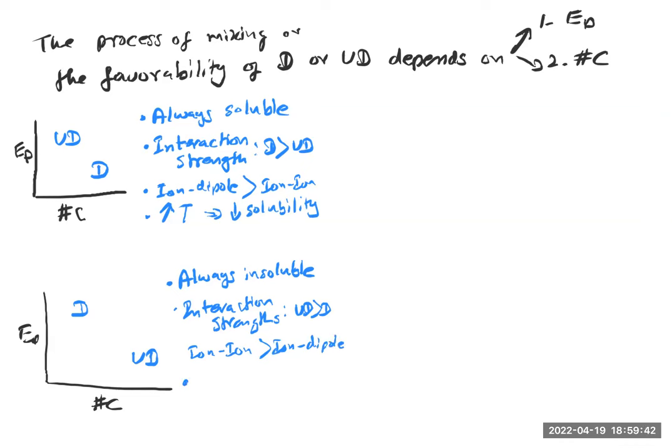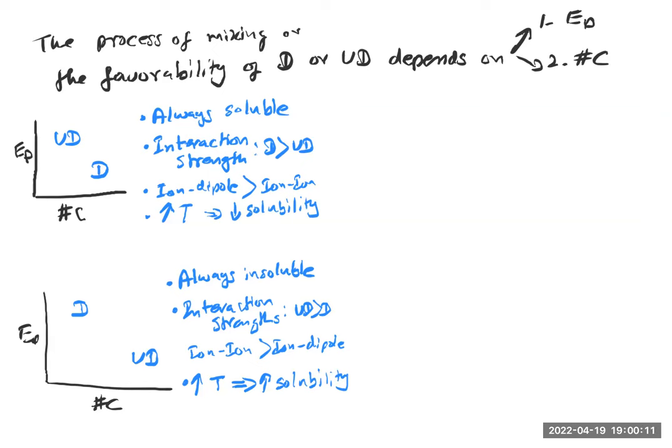And if you increase the temperature, that will slightly increase the solubility, because increasing temperature favors the state with higher potential energy, which is the dissolved state here. That's the second situation.